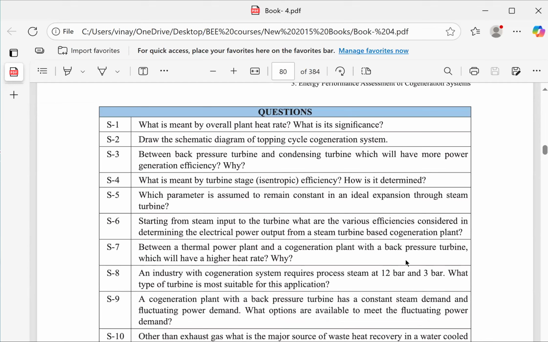Now, reading these questions, the short answer questions, 10 questions are given here. What is meant by overall plant heat rate and what is its significance? Sir, for this particular chapter, we won't get any multiple choice, is that so?